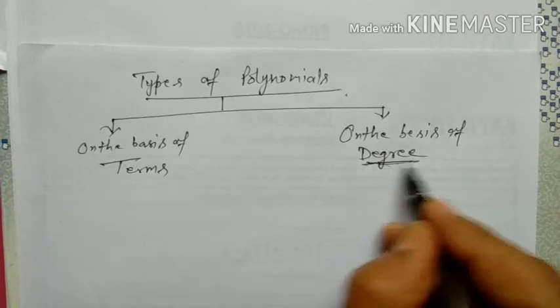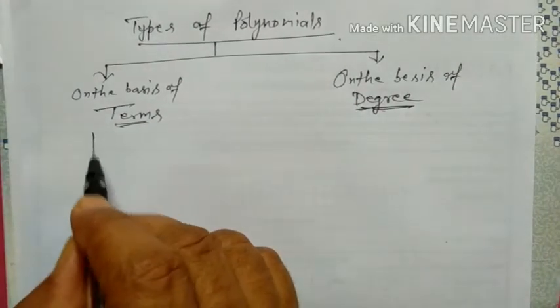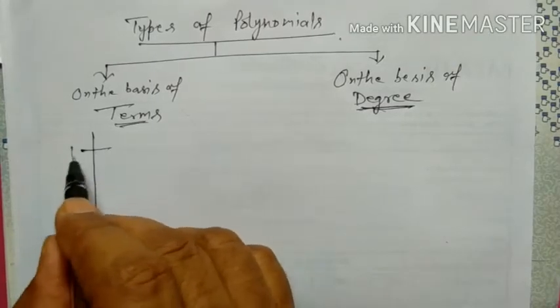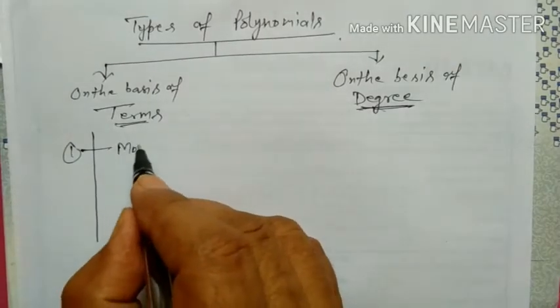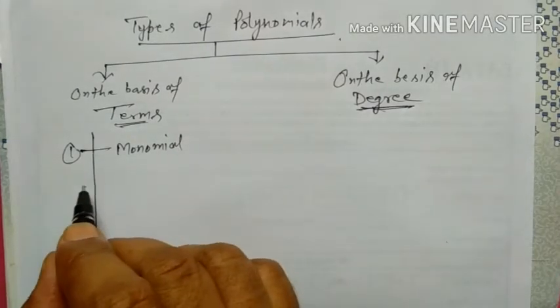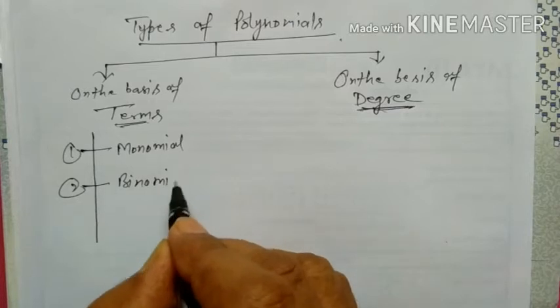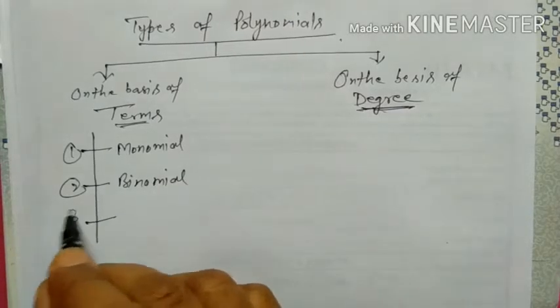On the basis of terms, first is monomial, second is binomial, third is trinomial.